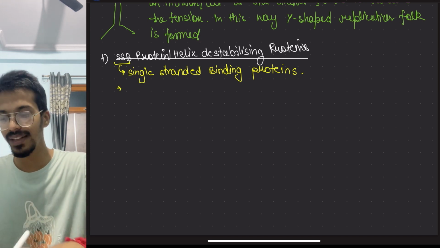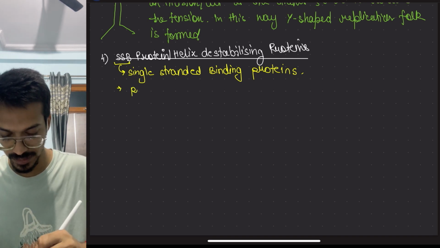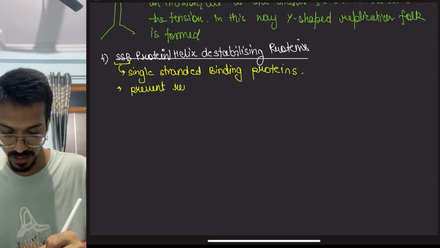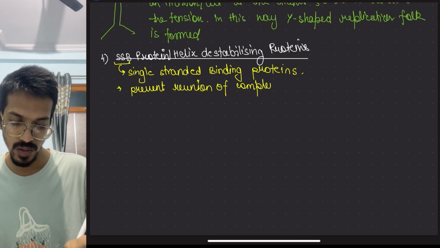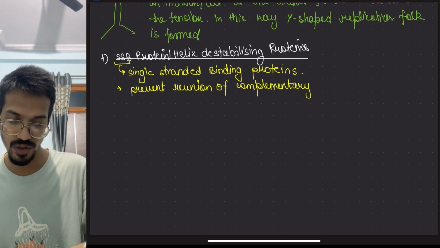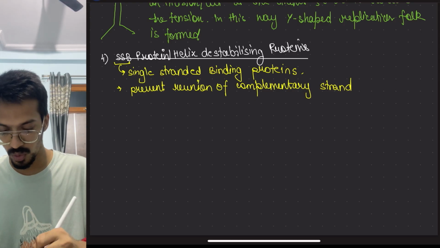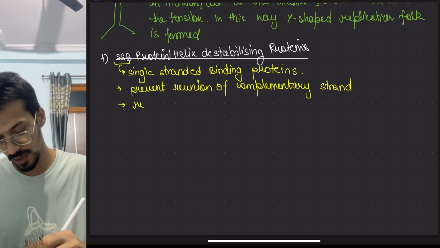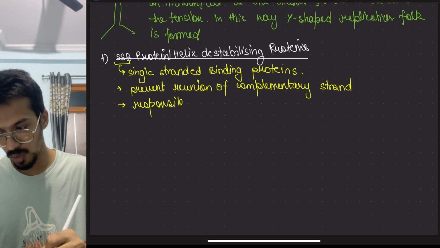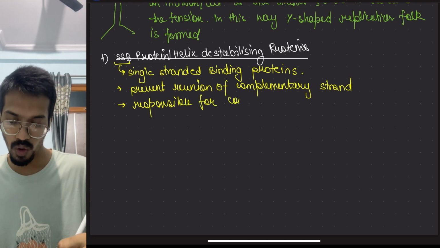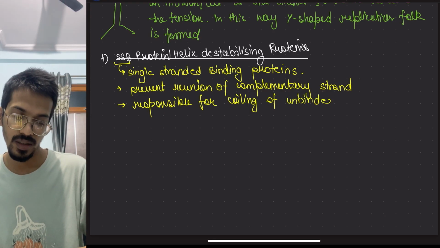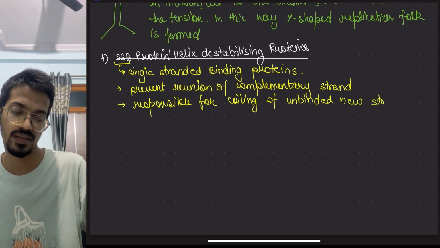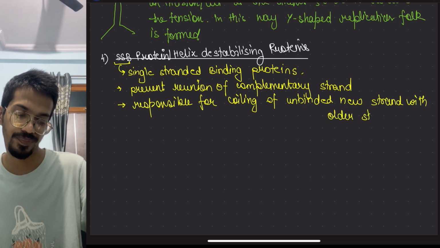Its work is to prevent reunion of complementary strands, and along with that it is responsible for coiling of the unwound new strand with the older strand.